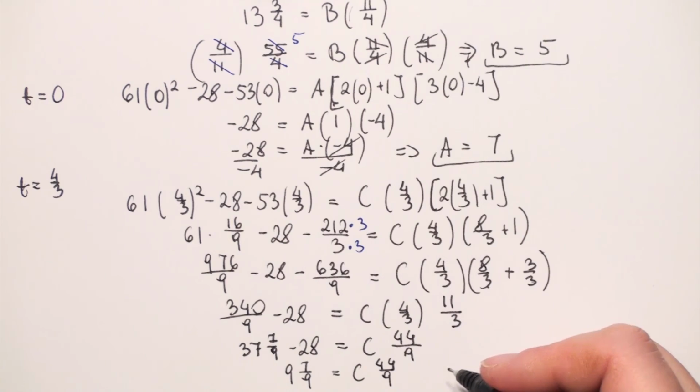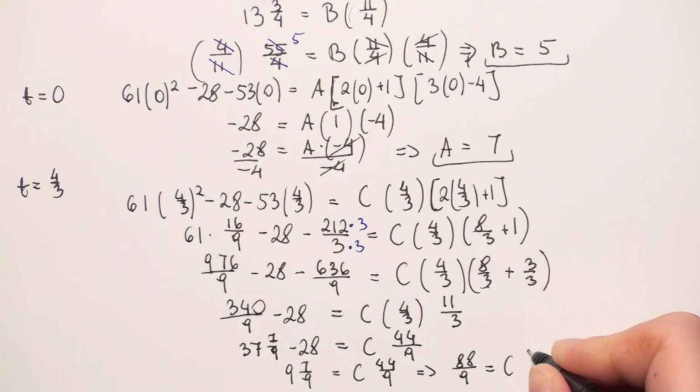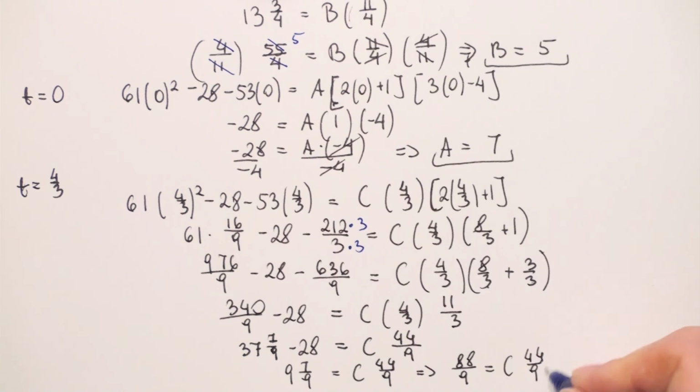Let me write this here. Because we have an improper fraction, we change this mixed number to an improper fraction also. 9 times 9 is 81 plus 7 is 88 over 9. This is equal c times 44 over 9. I will multiply both sides now by the reciprocal of this fraction to get rid of 44 over 9, because we need to find c.